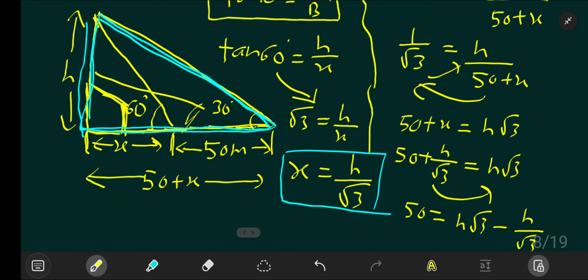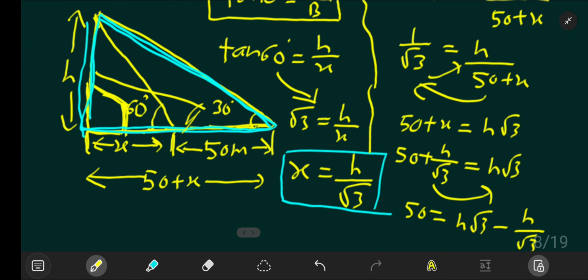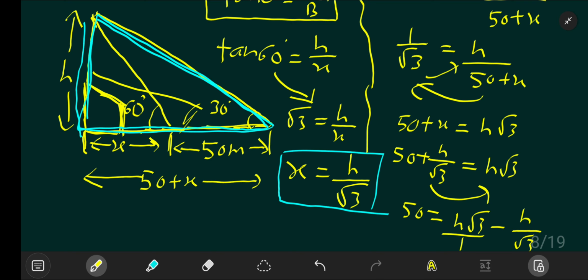Continuing this, 50 is equal to h root 3 whole square minus h by root 3. The denominator of h root 3 is 1, so the LCM is root 3. So we have to multiply the numerator by root 3.